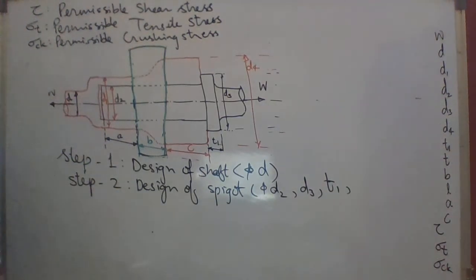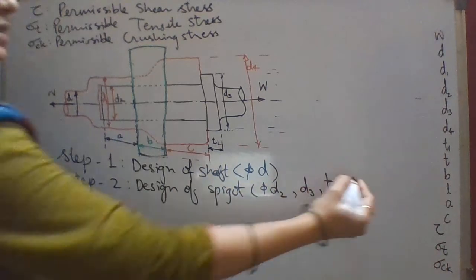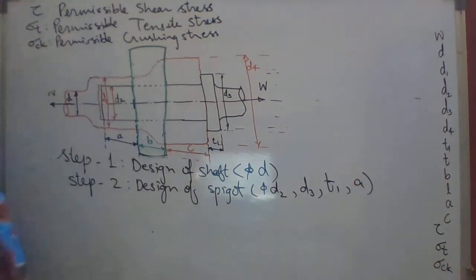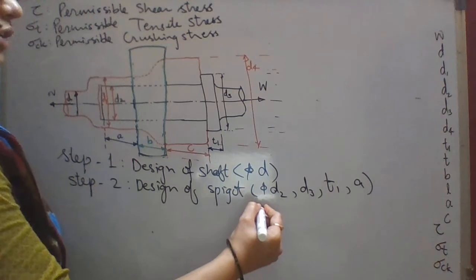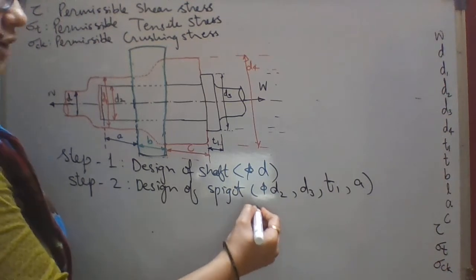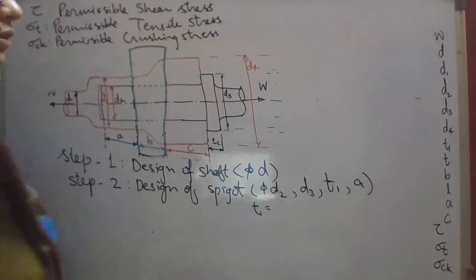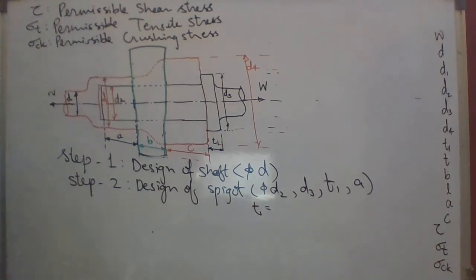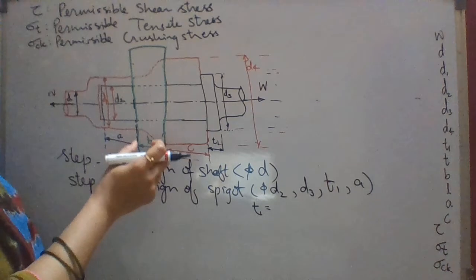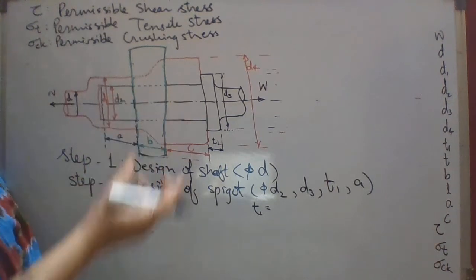Next, this distance A. We'll design these dimensions in design of spigot, and if the thickness or the width of the cotter is required, then the thickness of the slot will be the same as the thickness of the cotter.